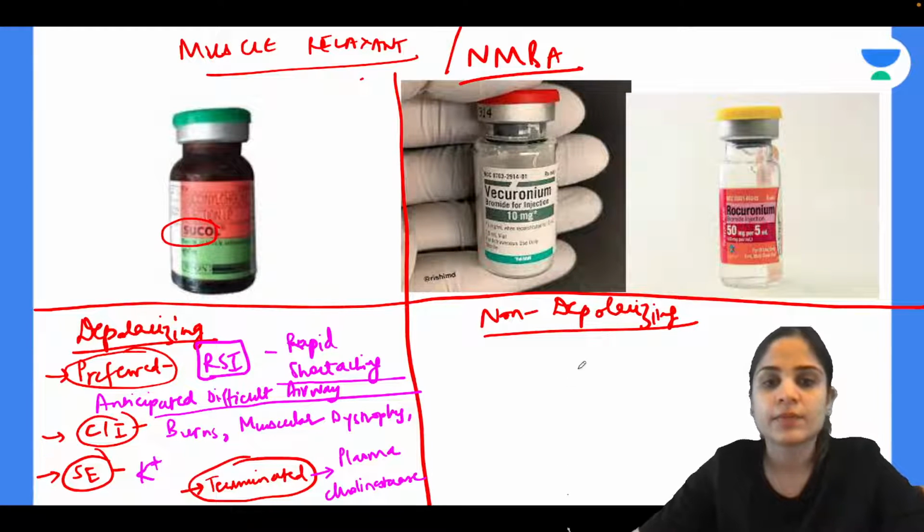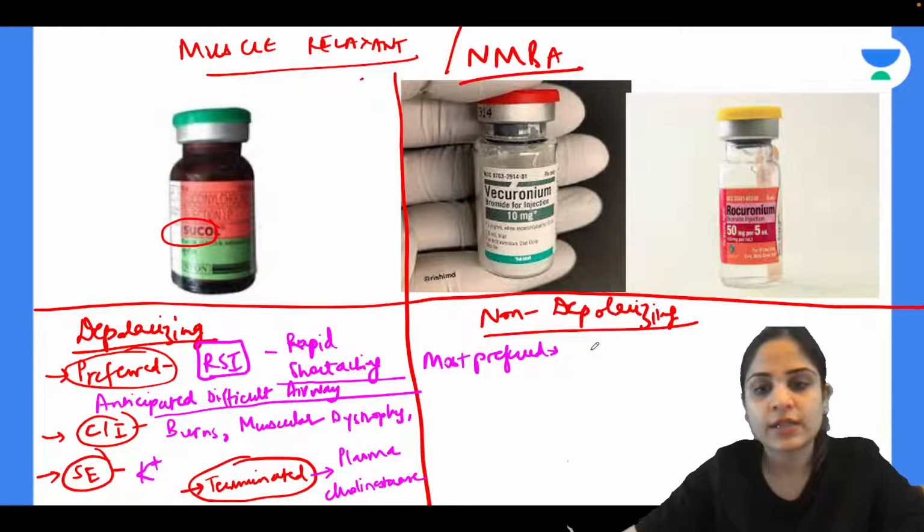Alright. Now you have these non-depolarizing agents over here. You have vecuronium, rocuronium. Can you tell me what is the most preferred non-depolarizing agent in cardiac surgery? Which is the shortest acting non-depolarizing agent?